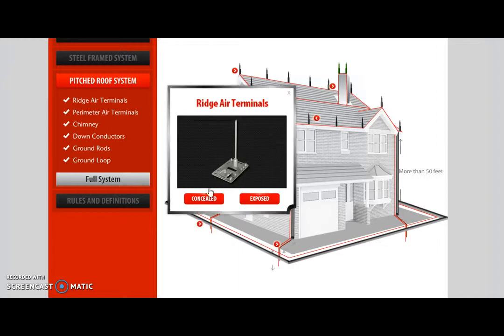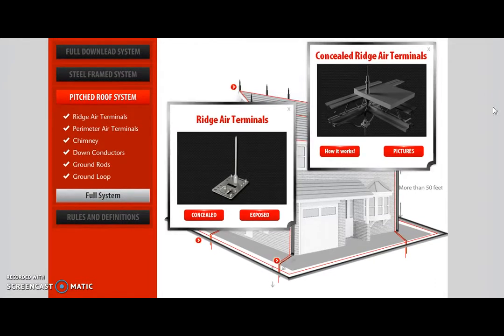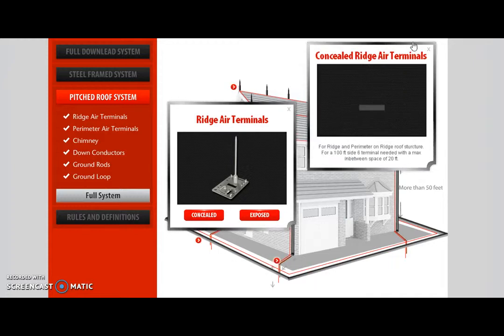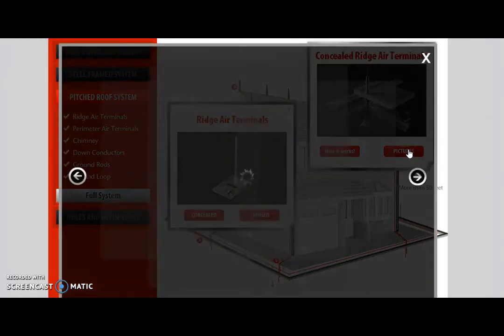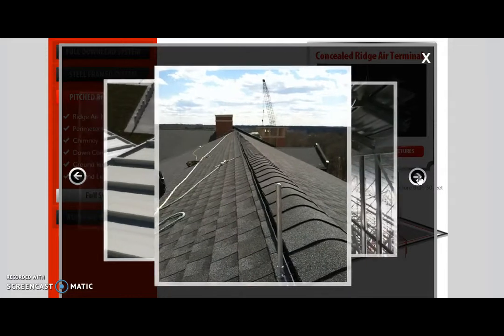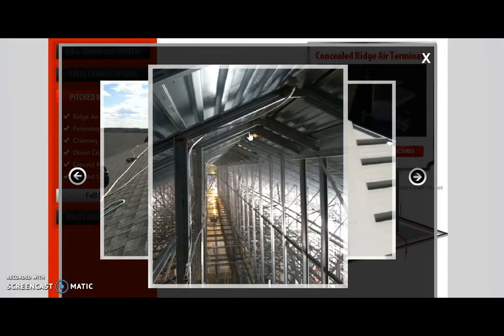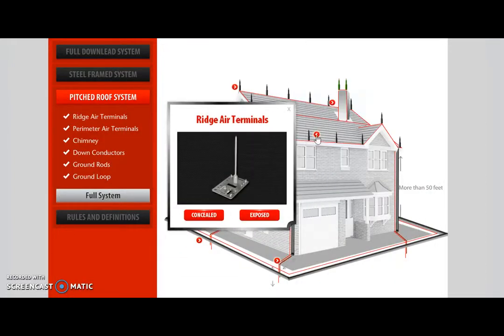On this one, they actually have the opportunity to view concealed versus exposed. So we click on the concealed, which is typically a little bit different from what they expect. If you click on how it works, you'll see this neat little animation. And then you click on the images there. You can see just the inside of that and how those are slightly different from other systems.